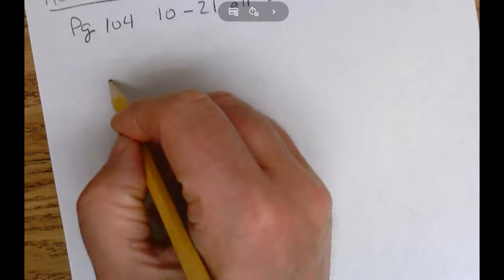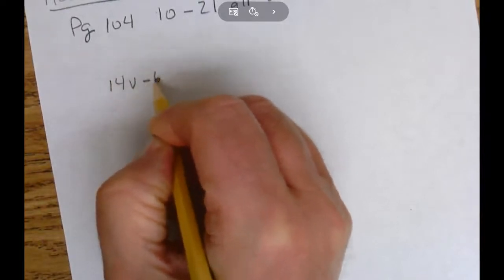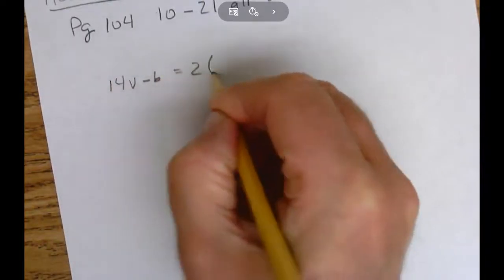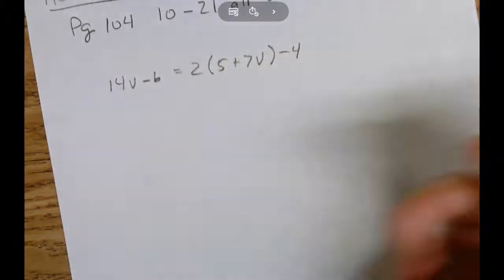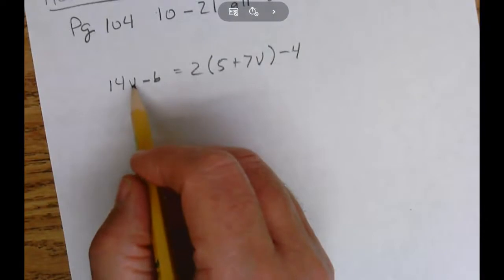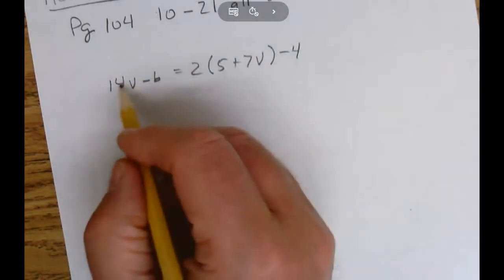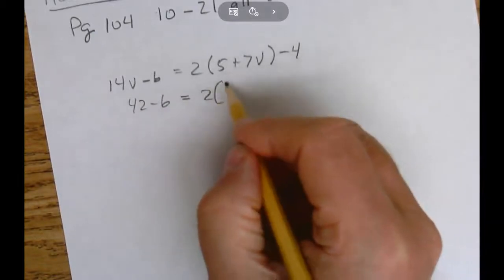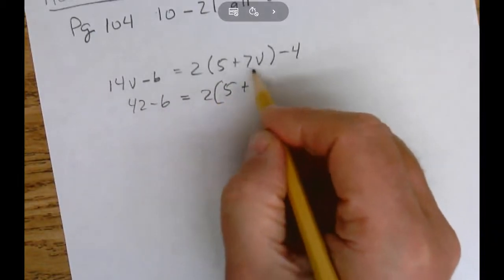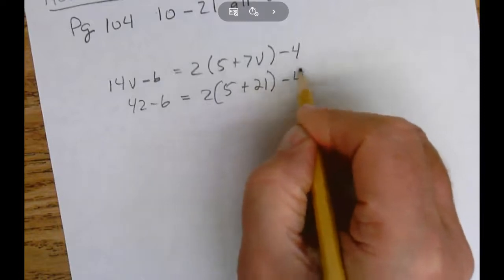Let me just show you I can do it one more time with any other number. We'll just do 3 then. When we see the answer comes out equal to itself, we'll see that you can put anything in there. Let's put 3 in. So 14 times 3 gives us 42, plus 6 equals 2 times (5 plus 7 times 3, which is 21) minus 4.